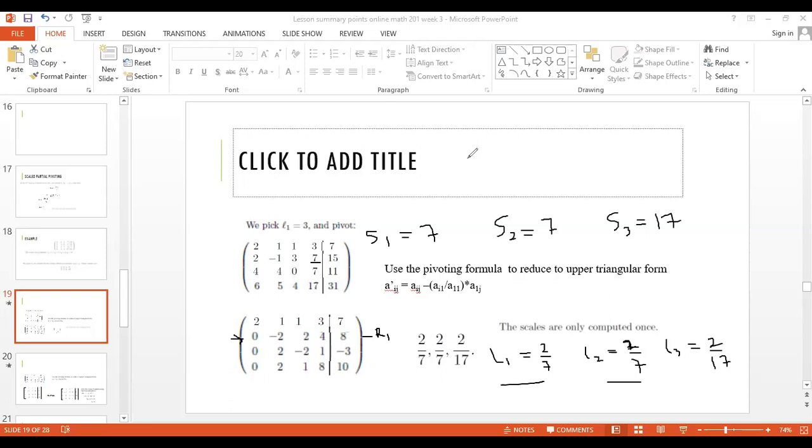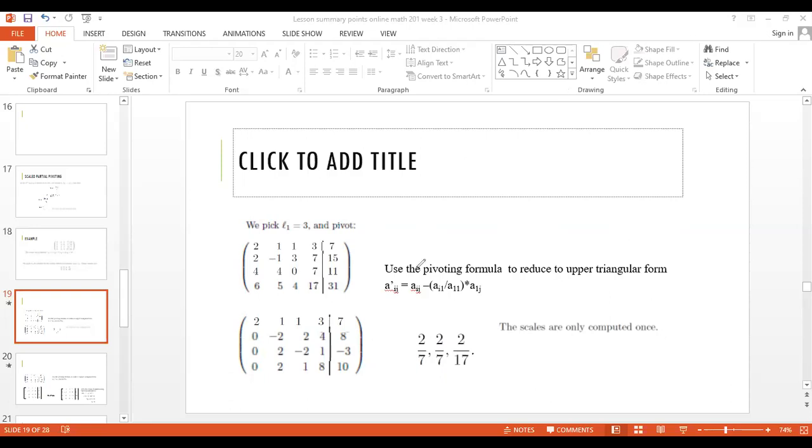Good. So that is how we decide on the next pivot. Now let's do the pivoting, the elimination. So that is going to be this, our new pivot. Let's not forget this is row 2, and then this is row 4.